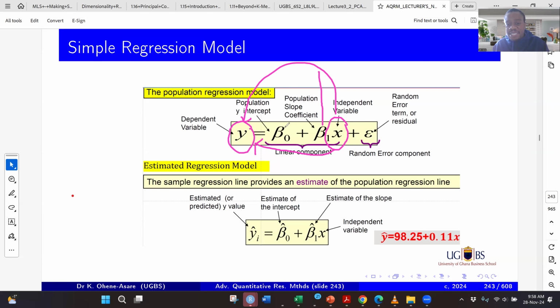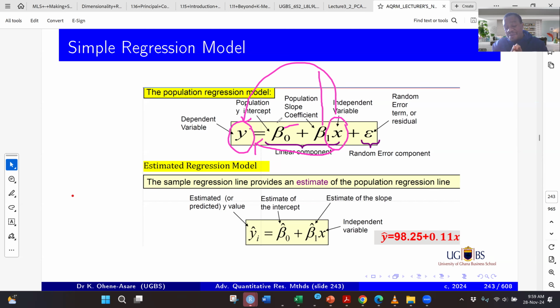There is one particular beta that is not having any independent variable with it, beta naught. And it is said to be the slope of the regression in this case. Now, what is the use? What is the economic use of this? Well, the answer is that it has no economic usefulness or economic interpretation.